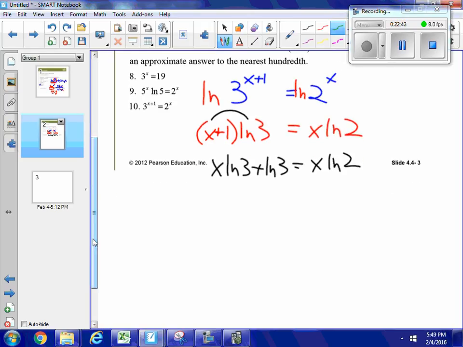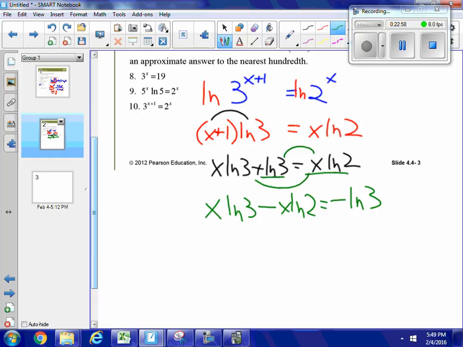So I'm going to have x ln 3 minus x ln 2 is equal to negative ln 3. So I got my x's on that side, and I took this, which didn't have an x, and I put it on that side. I will factor out an x. x times ln 3 minus ln 2 is equal to negative ln 3.